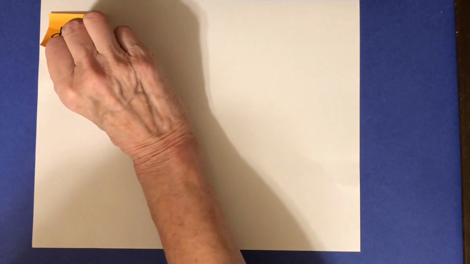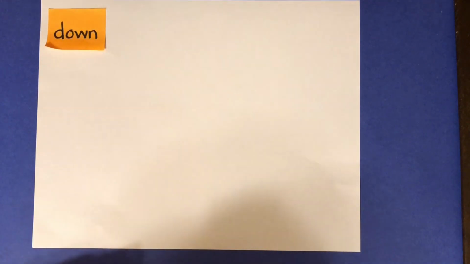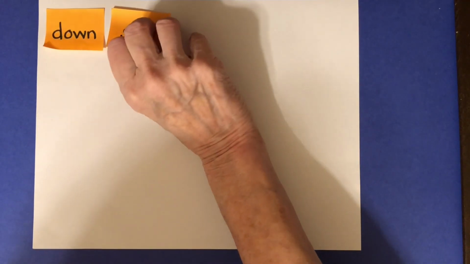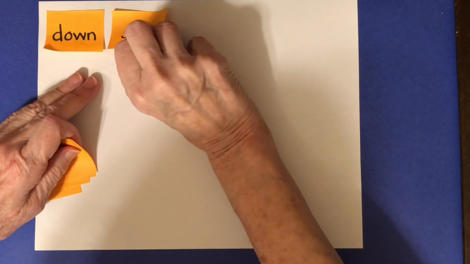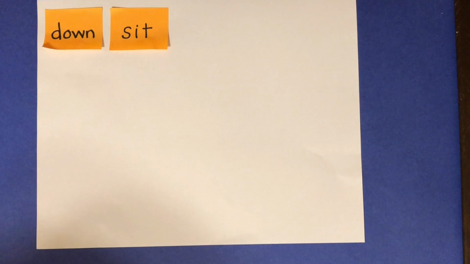I'm going to start putting the words down. Oh, that's funny. The first word is the last word I said there, down. Say each word after I say it. Down. Ooh, these are really sticky. Sit. Good.